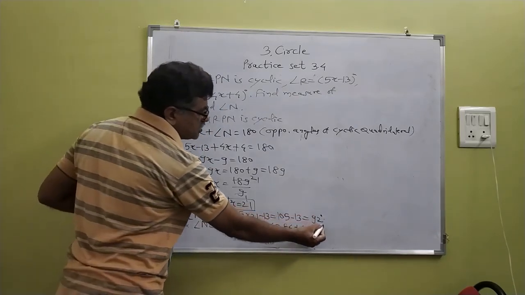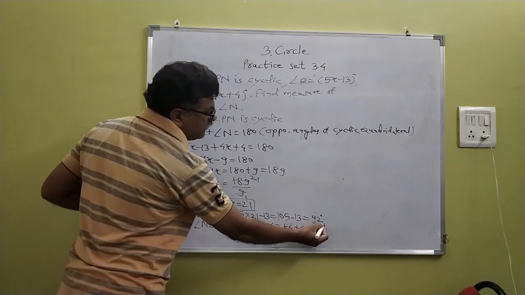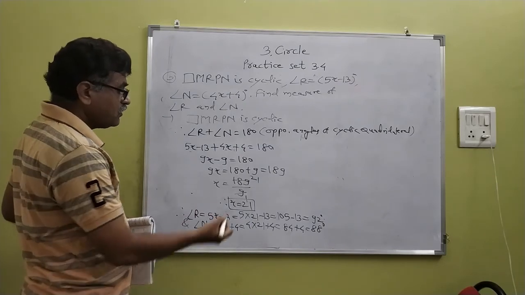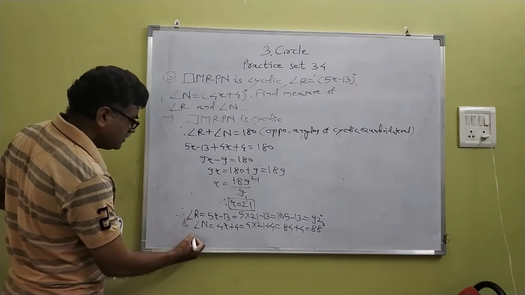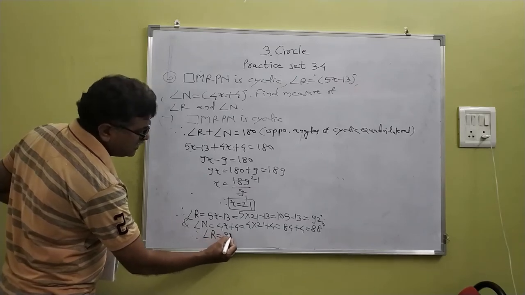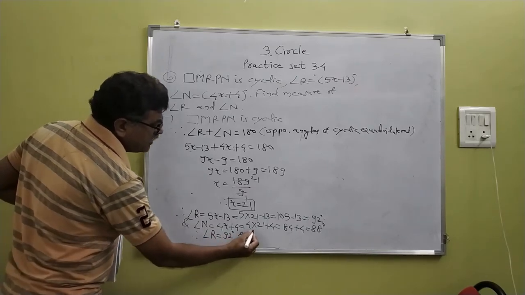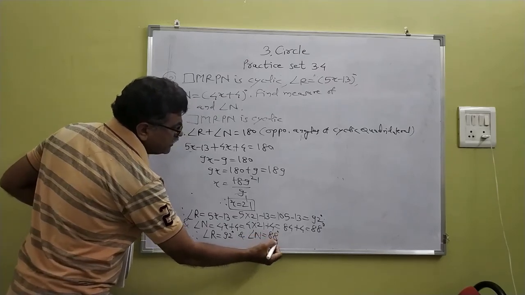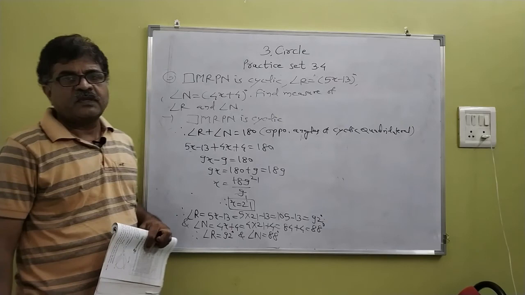The sum of these two is 180, as opposite angles of a cyclic quadrilateral. Therefore, angle R is equal to 92 degrees and angle N is equal to 88 degrees. This is the answer. Thank you.